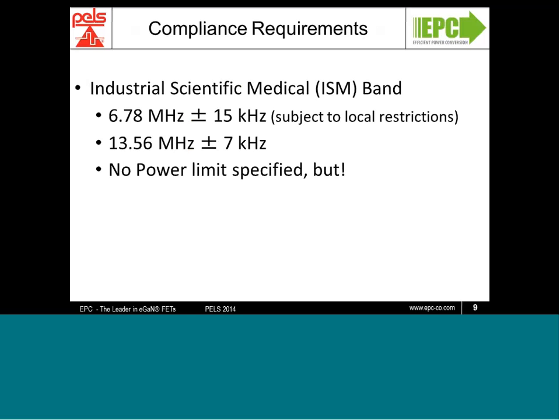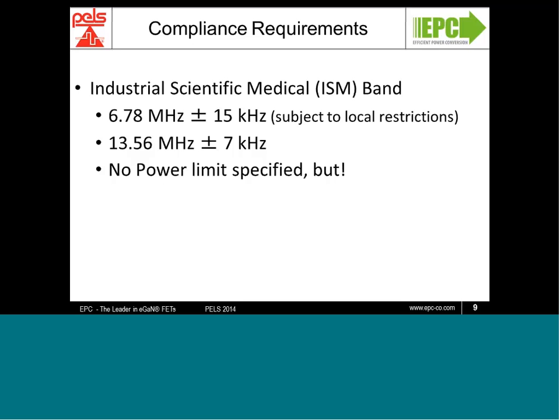The frequency that has shown up to be the most popular is 6.78 megahertz with a bandwidth of plus or minus 15 kilohertz, but in some areas it is subject to local restrictions, so it's not widely accepted in all locations. 13.56 megahertz has no restrictions, but the bandwidth is narrower, and it has also proven to be a popular frequency of choice for wireless energy.